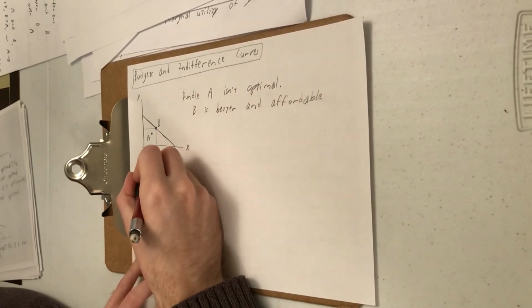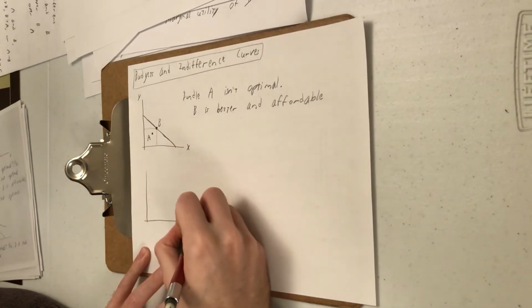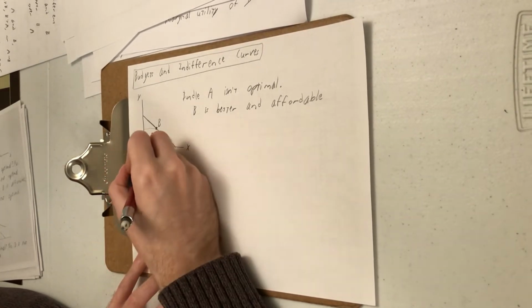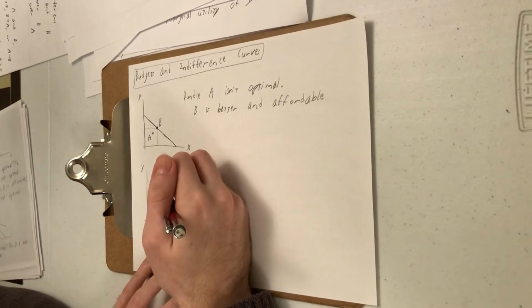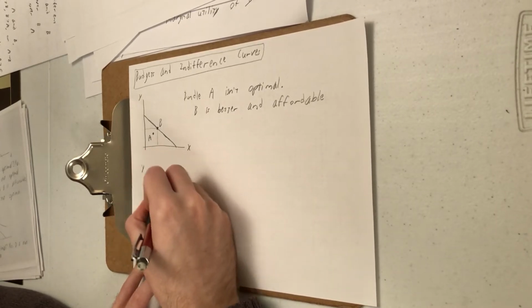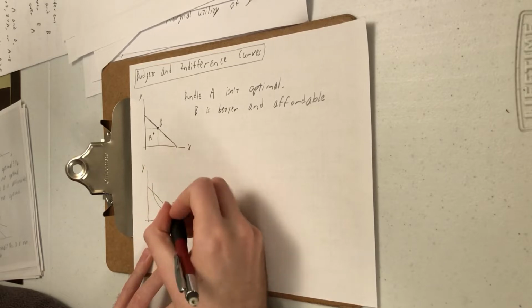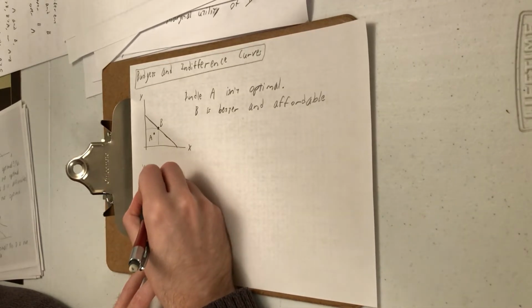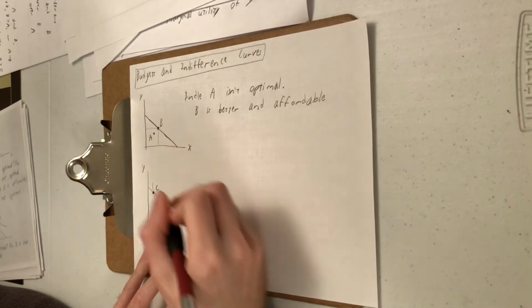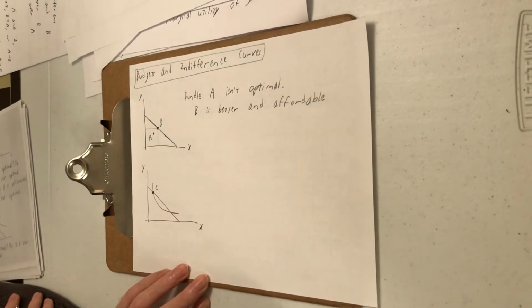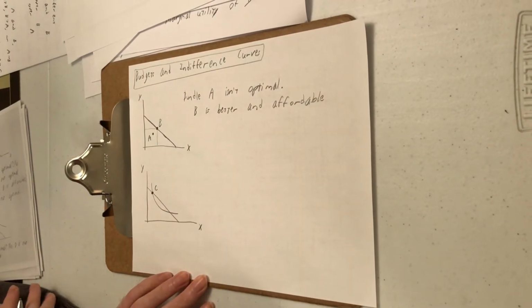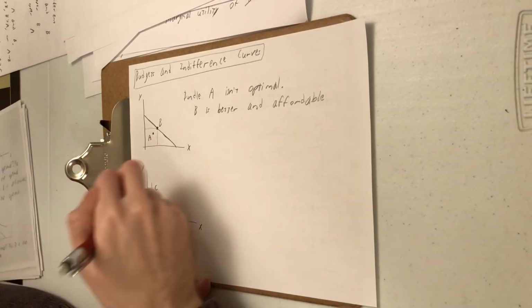So let me show you what I mean by that. Let's pick a bundle that is on the frontier, but is not the best. That could be some bundle like this one. Let's call it bundle C. It turns out that C is also not the best, even though it's on the frontier.